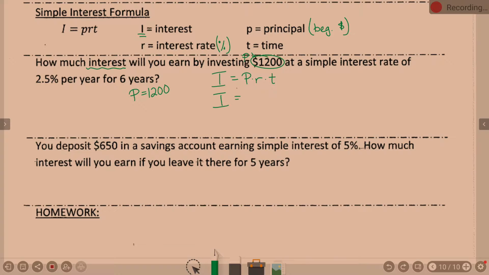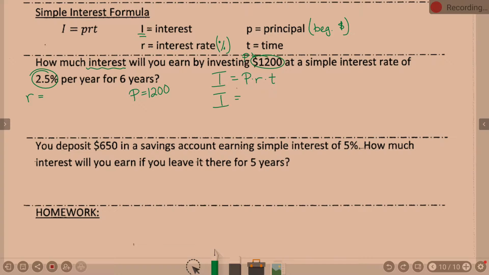Then it goes on to say, at a simple interest rate of 2.5%. So that is my interest rate. Now, here's the catch, guys. What do you think? Wait, are we gonna cross multiply?